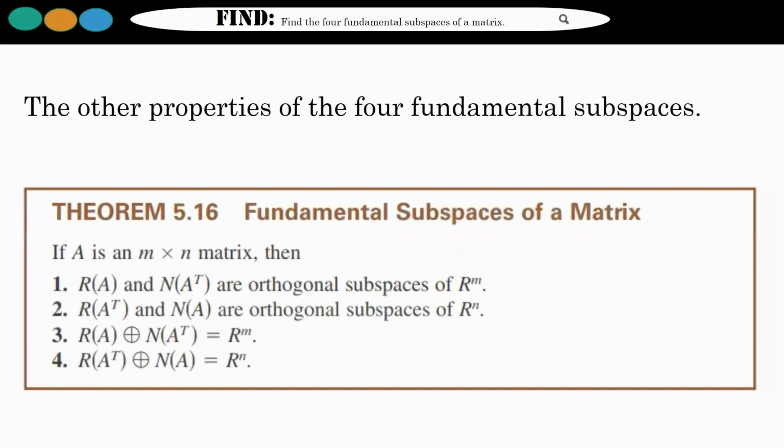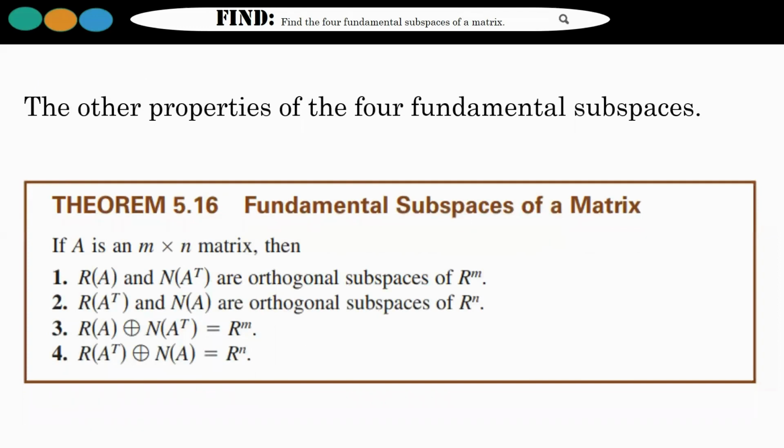So we have here other properties of the 4 fundamental subspaces, theorem 5.16, the fundamental subspaces of a matrix. If A is an M by N matrix, then number 1, the column space of A and the null space of transpose A are orthogonal subspaces of R to the M power.